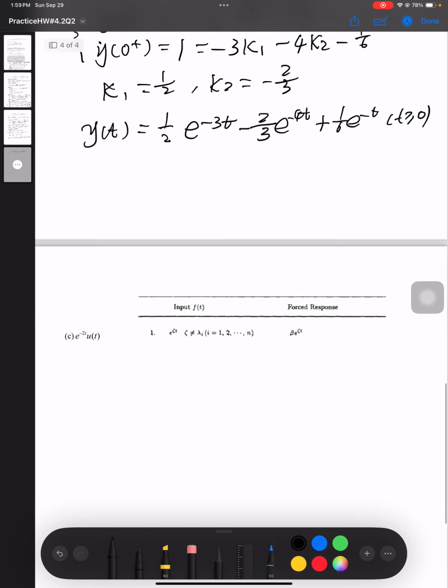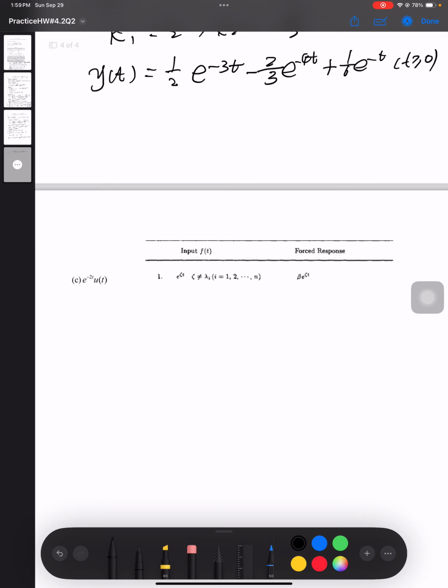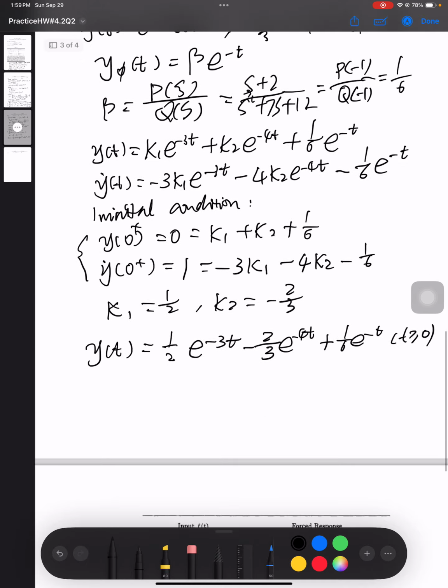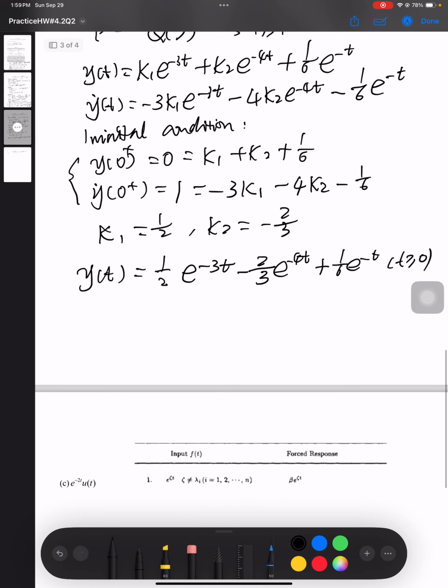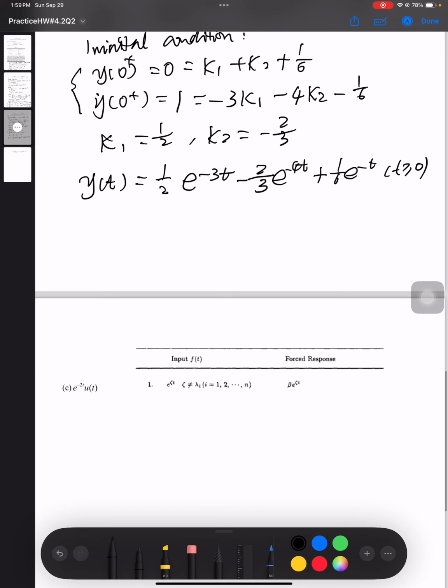And for the third question, it's exactly the same. It's just that for this one, f(t) equals e^(-2t) u(t), and sigma equals minus 2, which is not equal to lambda 1 or lambda 2.